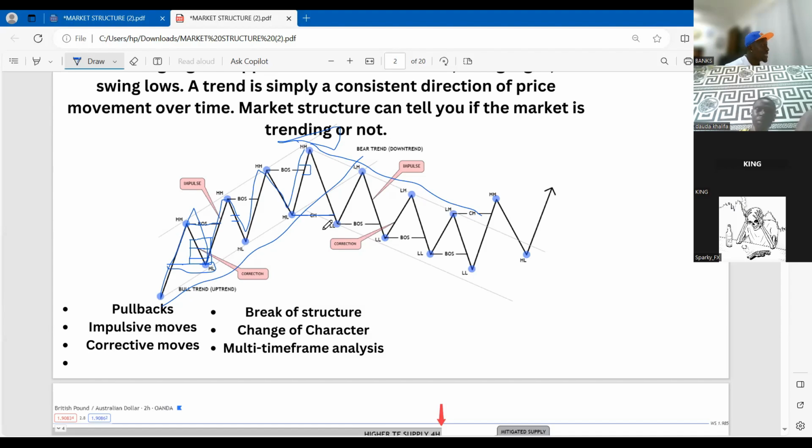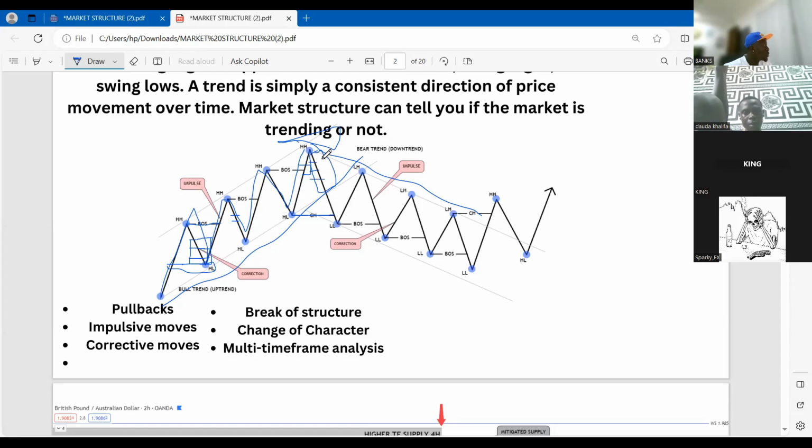And how do we identify the correct change of character? That's an important thing to get, because we have internal change of character and external change of character. Internal change of character is when price is having a pullback, like on this same structure, and on the smaller time frame you will have an internal change of character somewhere here before price starts dropping.